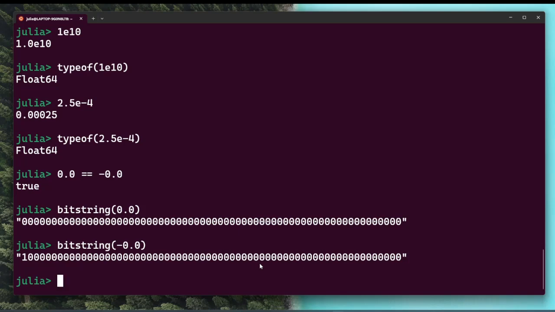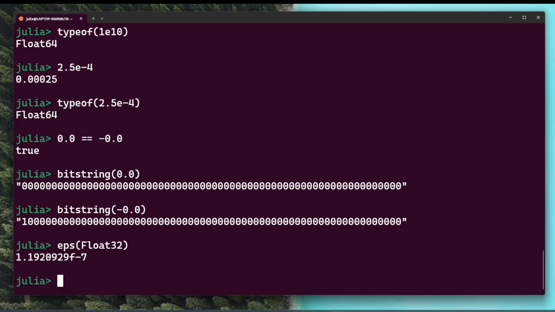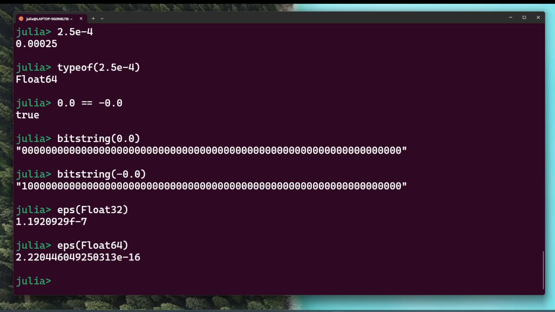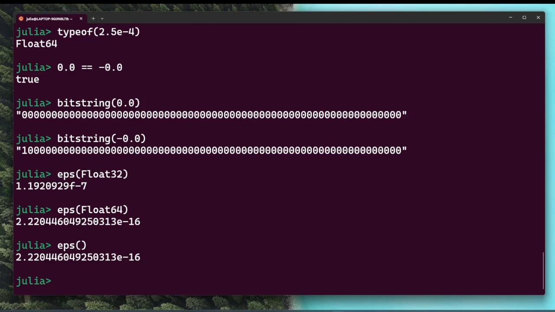It also gives the distance to the next larger one. By this one I'm not sure how it can be used in mathematical computer systems. And so it represents the epsilon.